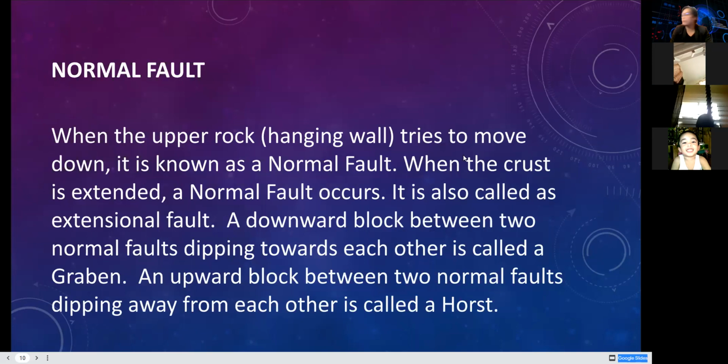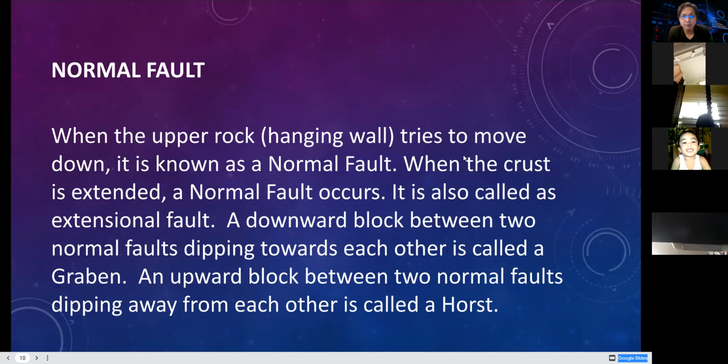Normal fault: when the upper rock or hanging wall moves down, it is known as a normal fault. When the crust is extended, the normal fault occurs. It is also called the extensional fault.